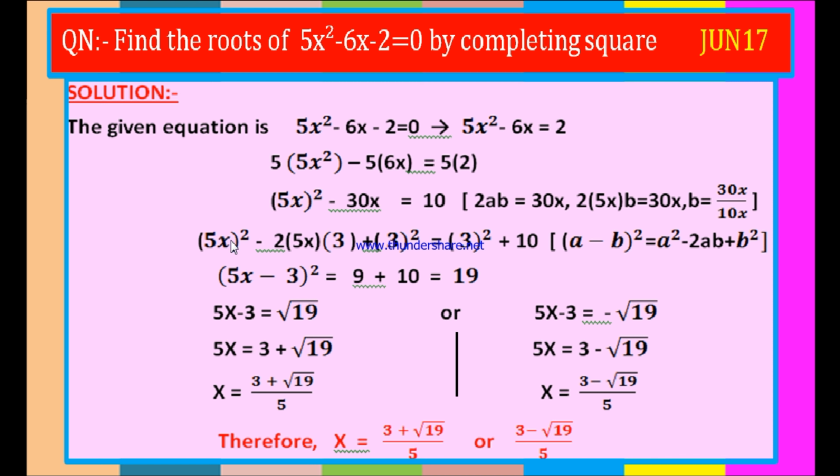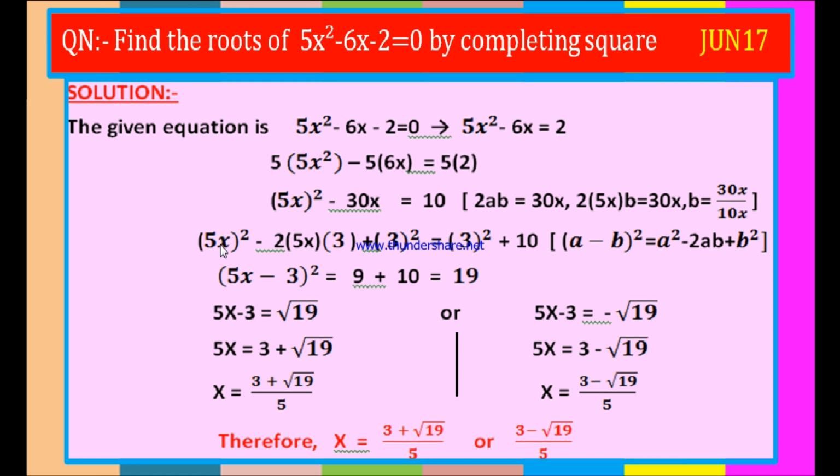That is 5x whole square minus 30x plus 3 square is equal to 3 square plus 10. 5x whole square minus 2ab, 2 into 5x into 3, plus b square, 3 square, is equal to 3 square plus 10.